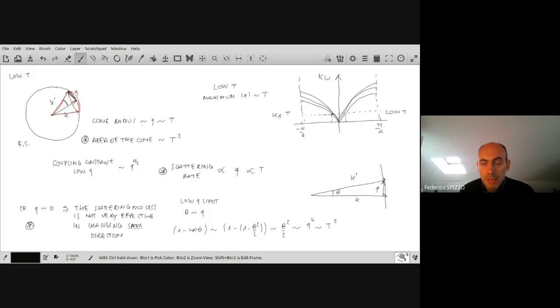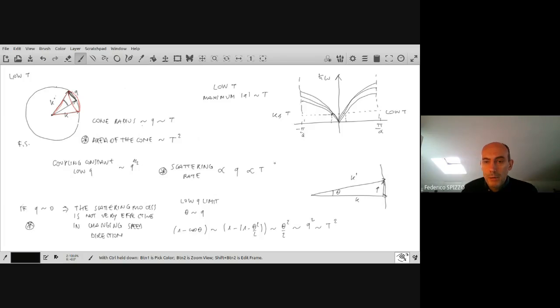We have to consider the contribution of the scattering rate and the contribution of the fact that for fixed value of Q, as Q is reduced, the capability of this process to interfere with the original motion of the electron decreases due to the fact that the direction of the velocity of the electron doesn't change that much if the value of the exchanged Q is nearly zero.